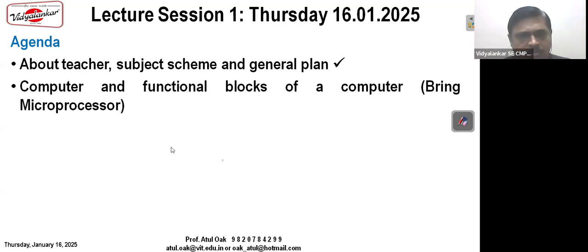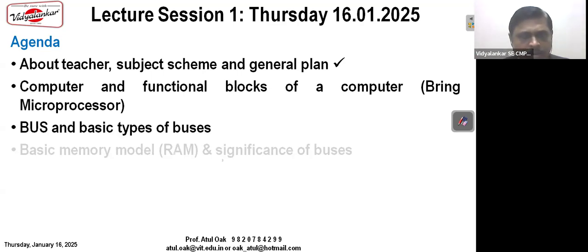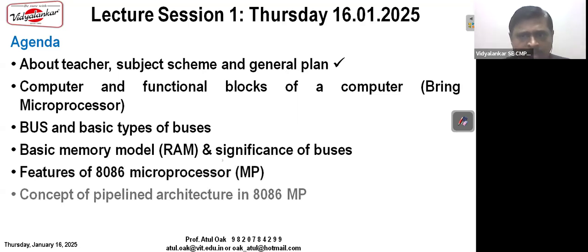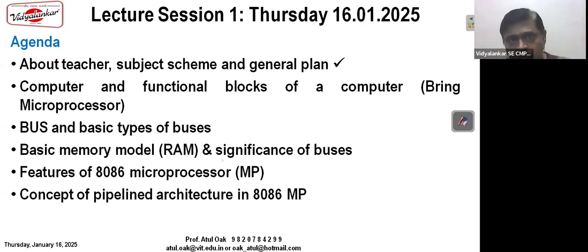Today, our main focus for the next around 2 hours is we will bring microprocessor in our discussion. We will identify why microprocessor is significant, where it is located. We will discuss the concept of bus. We will classify different types of buses, the fundamental types.